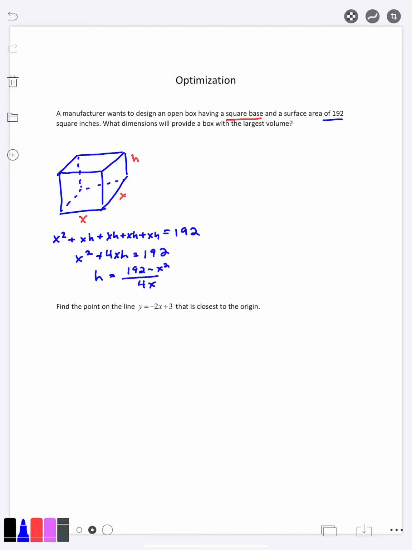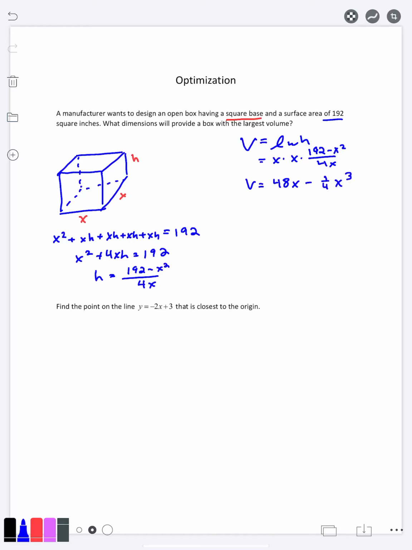And once we have that, my volume, which is the thing I'm trying to maximize for a box, is normally length times width times height. In this case, the length is x, the width is x, and the height is (192 minus x squared) over 4x. And then we can simplify this. The volume would be 48x minus 1/4 x cubed.